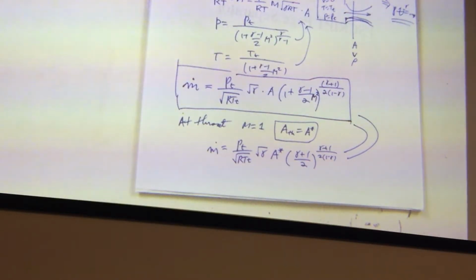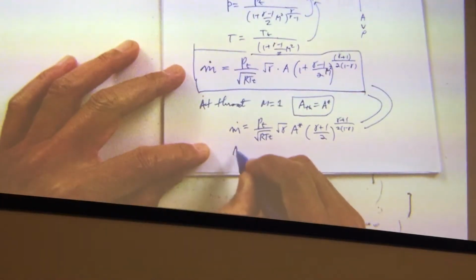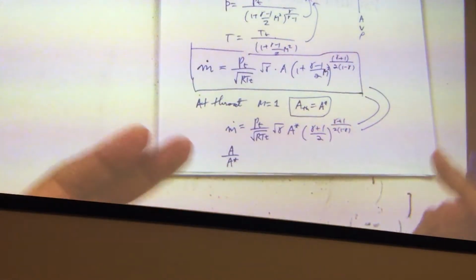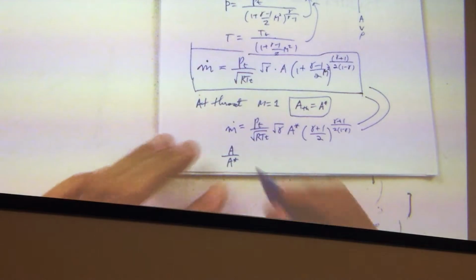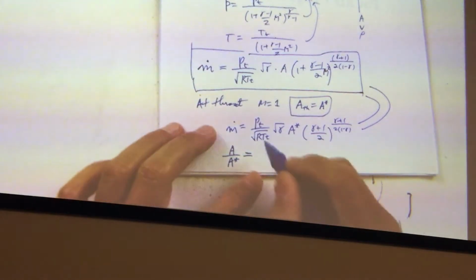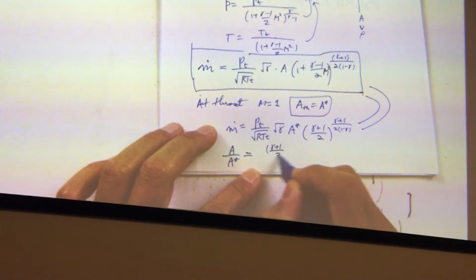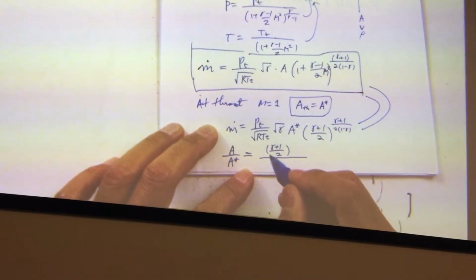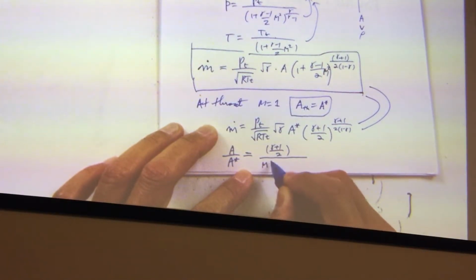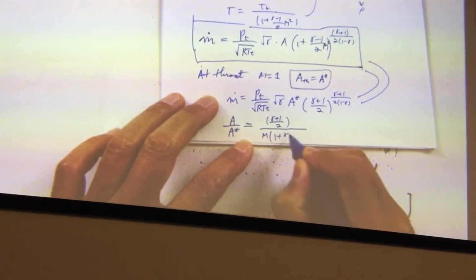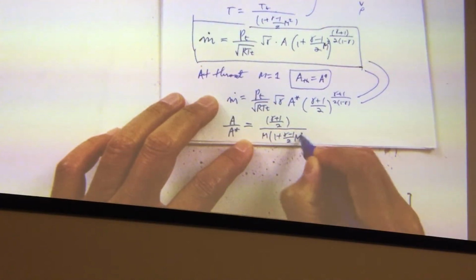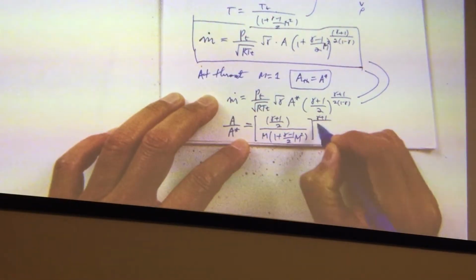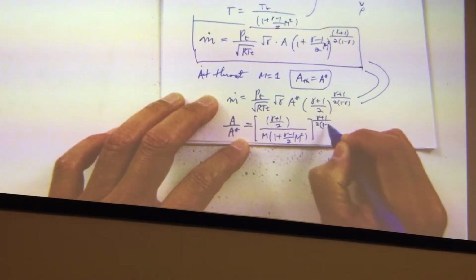That means I can have A over A star. How do you do it? Just equate these two things and move things around, right? So this will be equal to 1 over M, times (2 over gamma plus 1) times (1 plus gamma minus 1 over 2 M squared), this whole thing to the power of (gamma plus 1) divided by 2 (gamma minus 1).